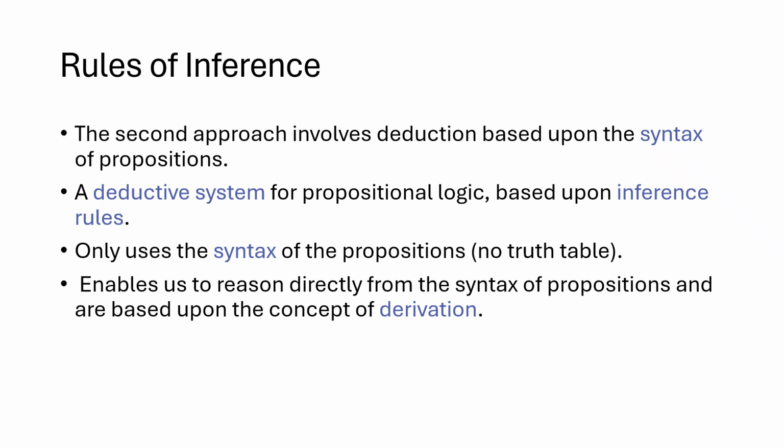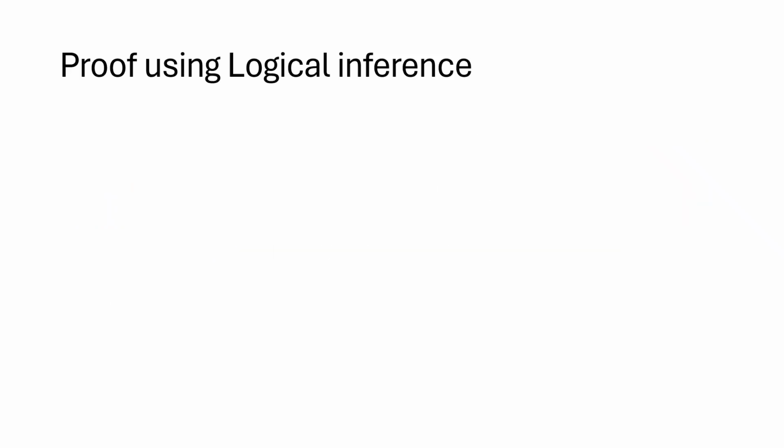There are usually 2 inference rules. One is called elimination, and the other one is called an introduction rule. And again, these rules only rely on the syntax of your propositions and not their truth table. And the overall proof that we create is sometimes also called a derivation. So if you see derivation in some textbooks, they're referring to the same thing.